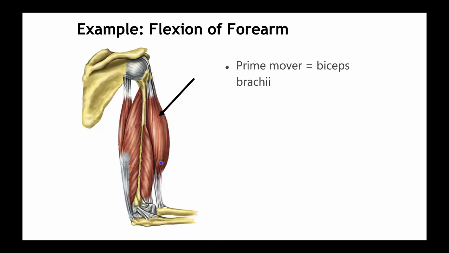And so we're going to go from 180 degrees in our anatomical position, and we're going to flex that forearm, and we're going to now be at a 45-degree angle. So that's our main muscle, or our prime mover. The brachialis is our synergist. It is also causing forearm flexion, but not as much force, and it's fine-tuning that movement.